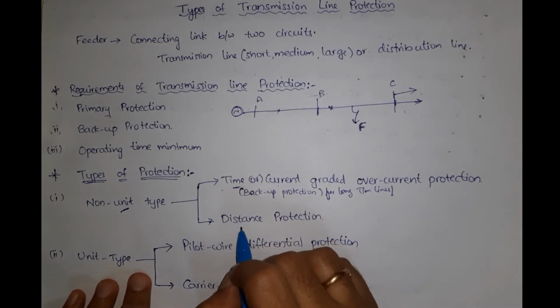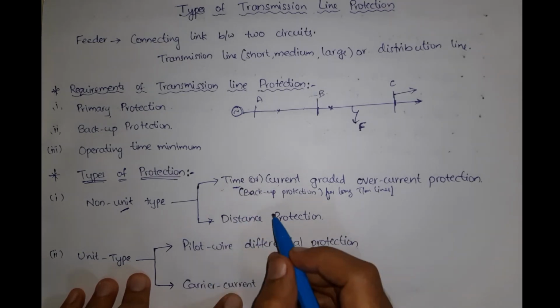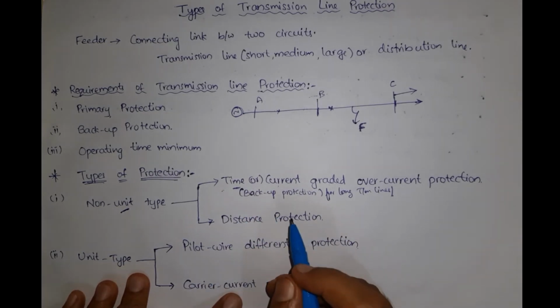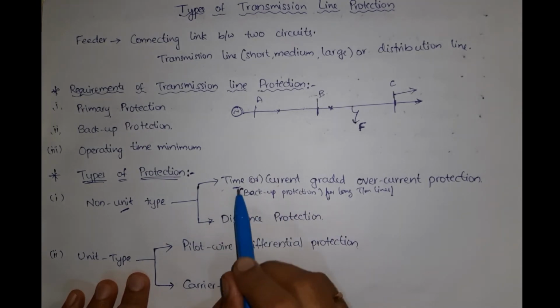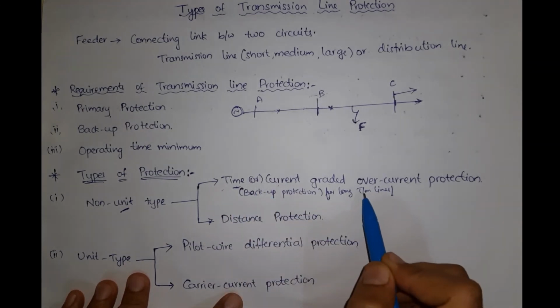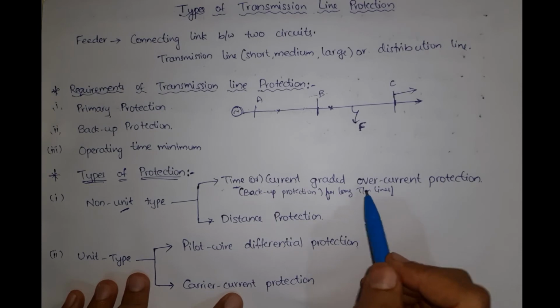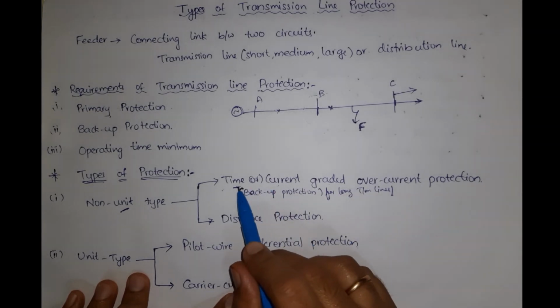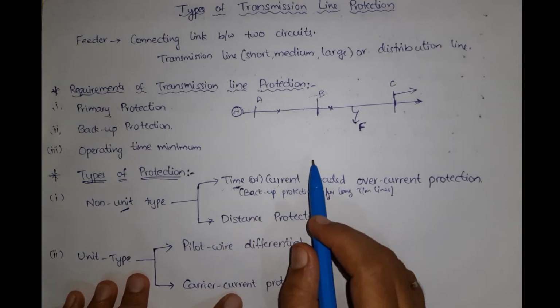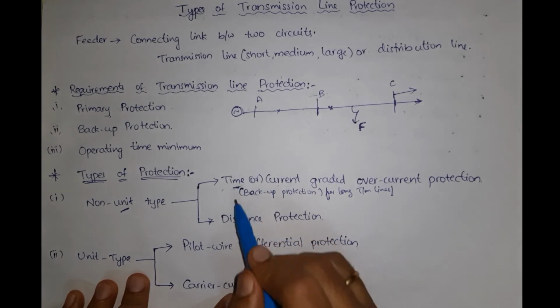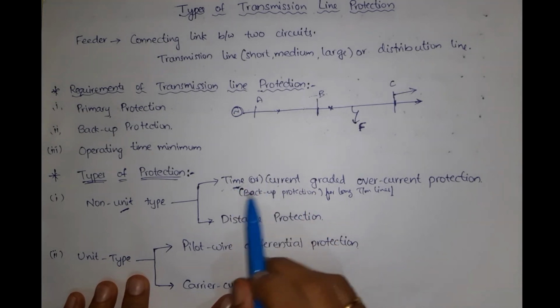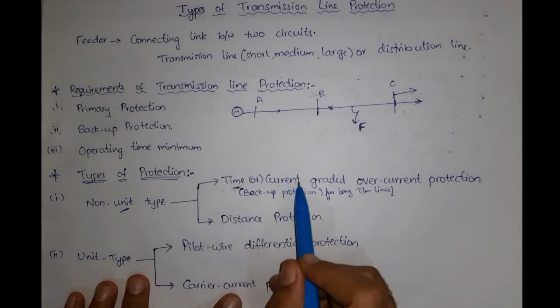That means whenever a time lag is permitted in a system to react when a fault occurs, then in such systems time or current graded overcurrent protection will be used. In cases where instantaneous operation is not required, that means it is okay if the relay operates after some time delay, like the IDMT relay we have seen in relays, this type of protection is taken.